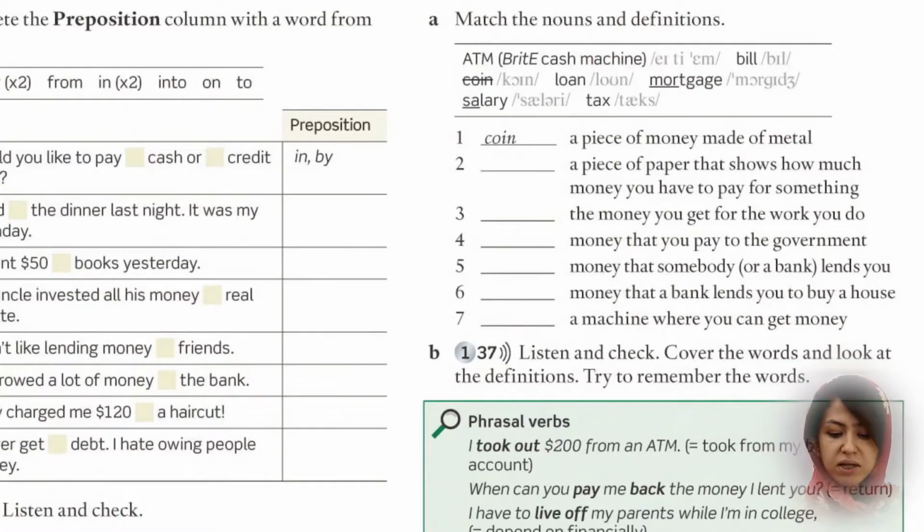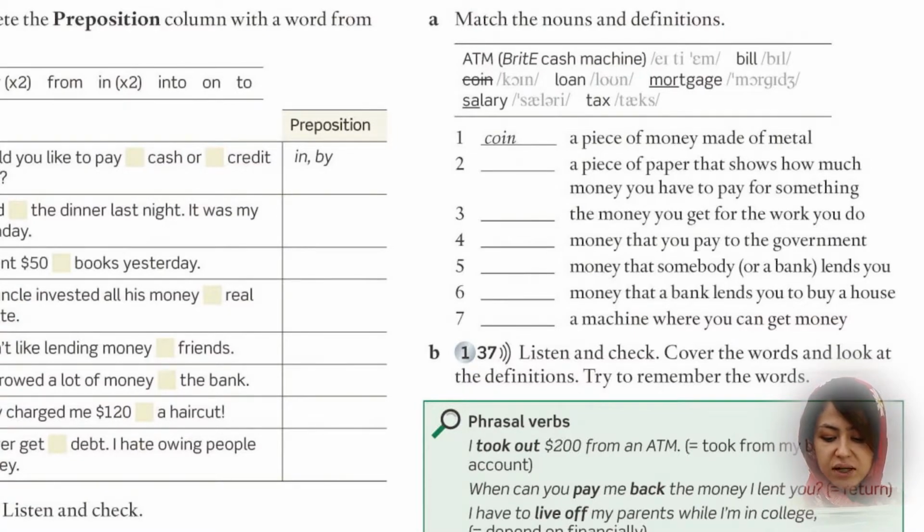Here, match the nouns and definitions. Okay, so let's go. The first definition is number 1. A piece of money made of metal. A coin. Coin is the best alternative here. Number 2, a piece of paper that shows how much money you have to pay for something. Take a look at the words above. Which one is the best? Bill.